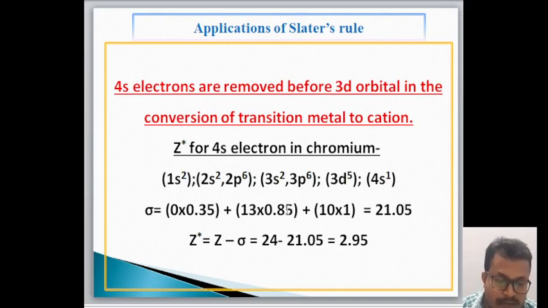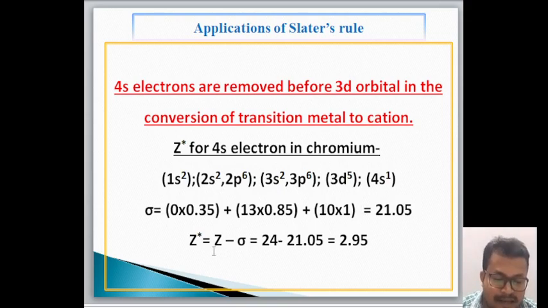So we multiply 0.85 by 13. Then the contribution from other electrons on the left hand side of this n-1 shell will be 1. In total 10 electrons are present here, so the contribution will be 10 into 1. So the screening constant value we have found is 21.05.